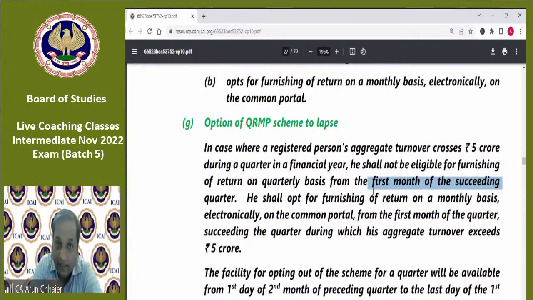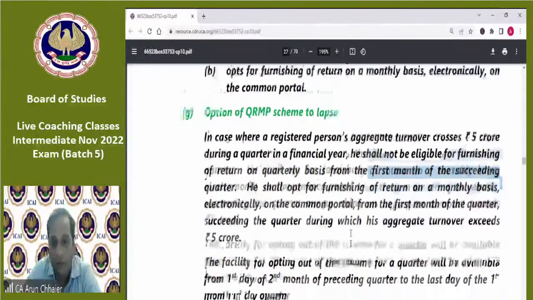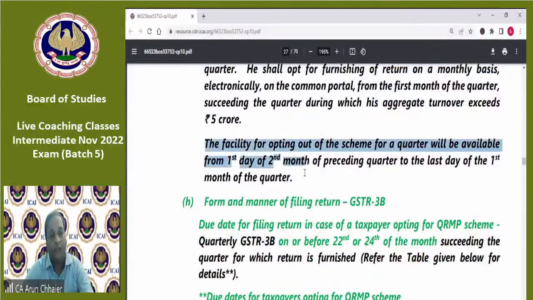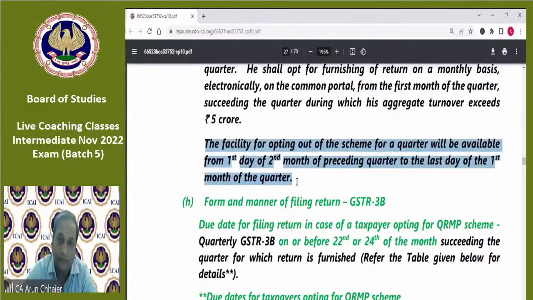In that case, I would continue in that quarter under the QRMP, but from the next quarter I would be ineligible for QRMP and will convert myself from the QRMP to the monthly. So how would the option of converting be available?